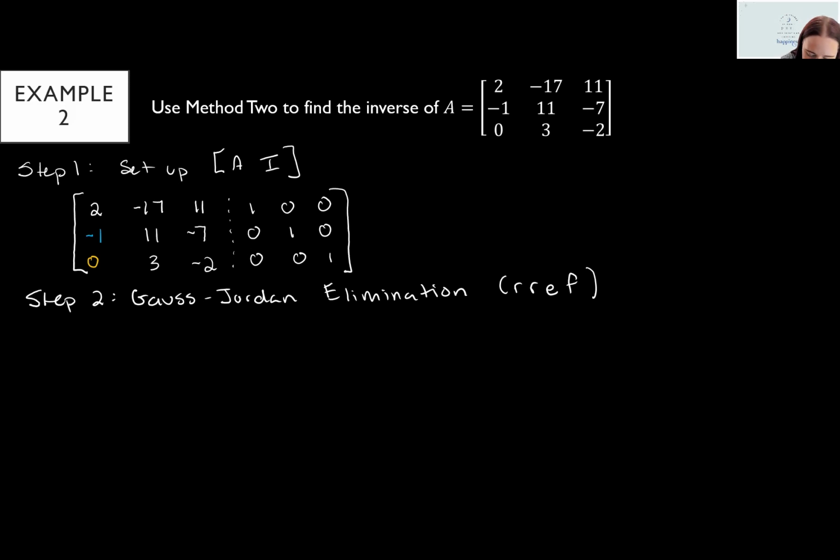This is kind of how I write it: I've got row 1, then I multiply row 2 by 2, add those together, and replace row 2 with the result.